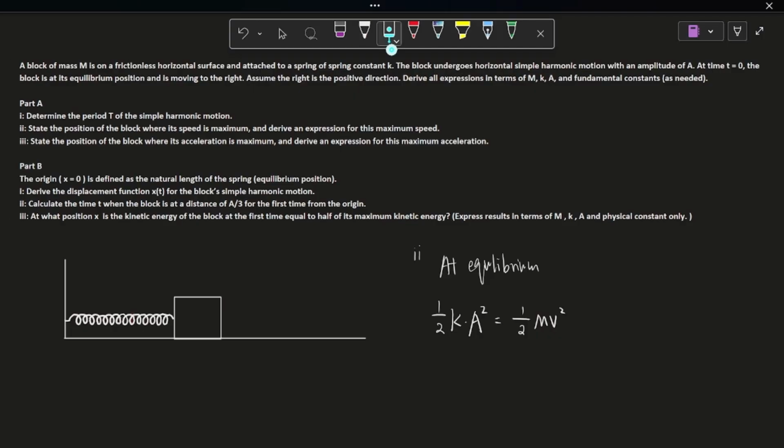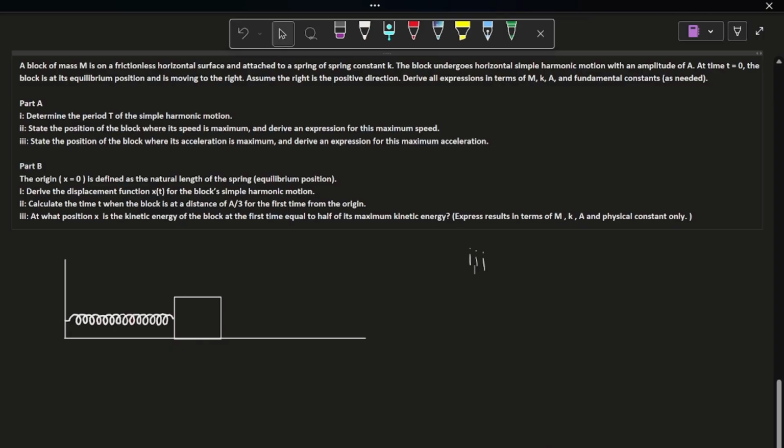This is just conservation of energy, because over here you have the most spring potential energy, but the object is not moving. However, in the middle, the spring hasn't been compressed yet, and you're moving at the fastest rate. So your v will simply be a times square root of k over m.